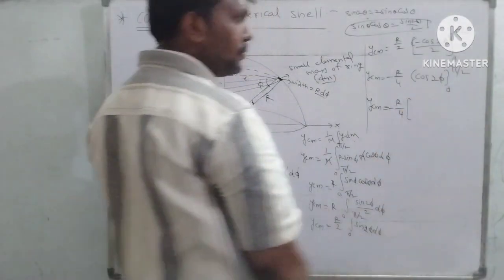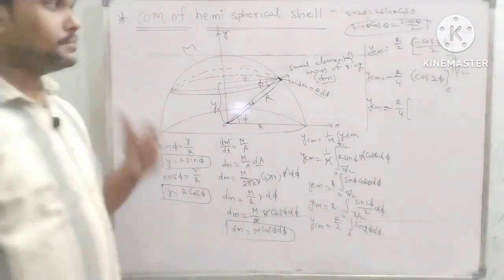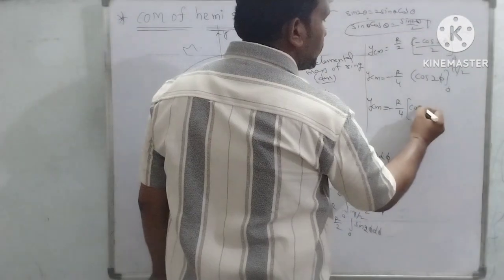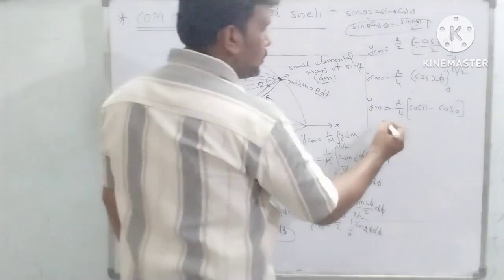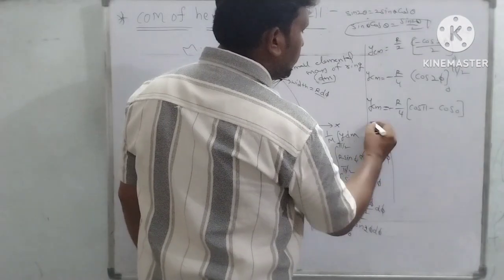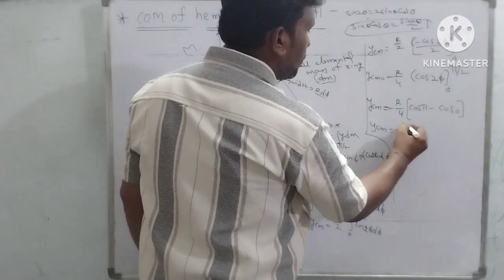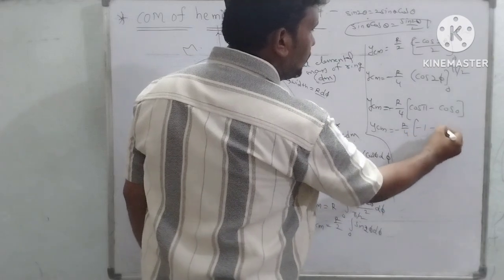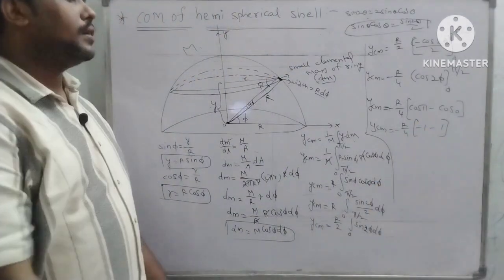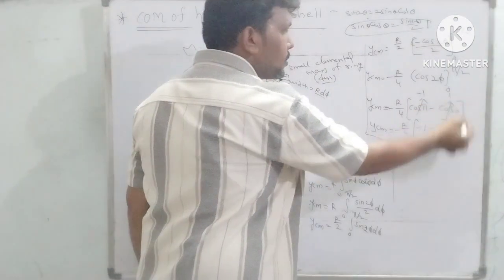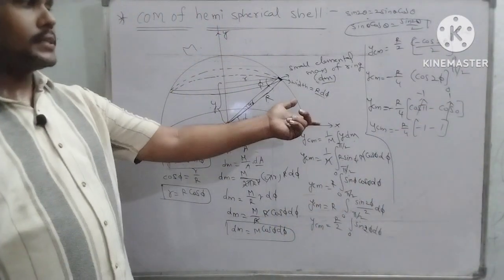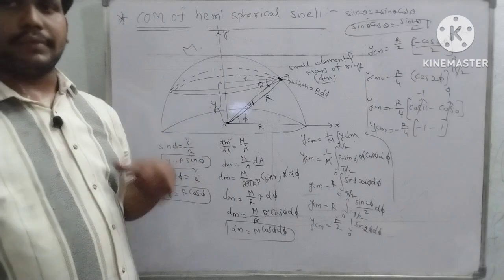Here in the place of phi, if you substitute pi by 2, what will come? Pi only will come. So cos pi minus cos 0. So then you write y center of mass is equal to minus r by 4 of minus 1, because cos pi is equal to how much? Minus 1. Cos 0 is equal to how much? 1. So minus 1 will come.